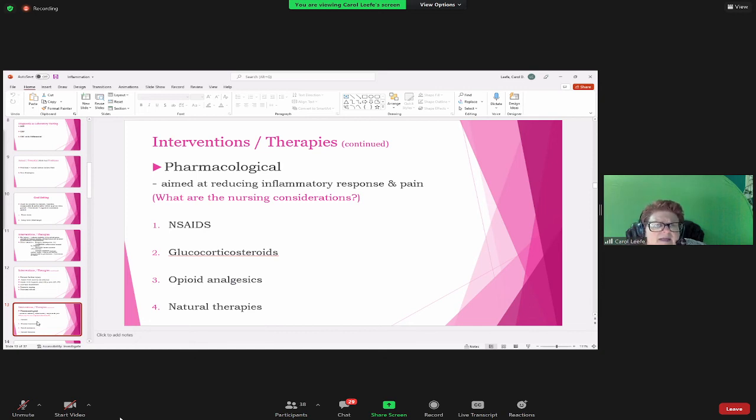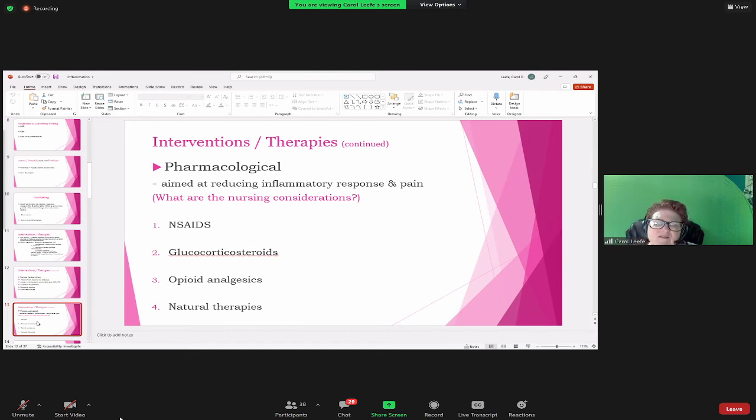Another thing the NSAIDs can do, ibuprofen and such, is cause the patient to retain some fluid, thereby increasing blood pressure and water weight. Also it makes the platelets a little slick, right? So that it's an antiplatelet aggregator. So it helps them not to clot, which can work in your favor, can work against.